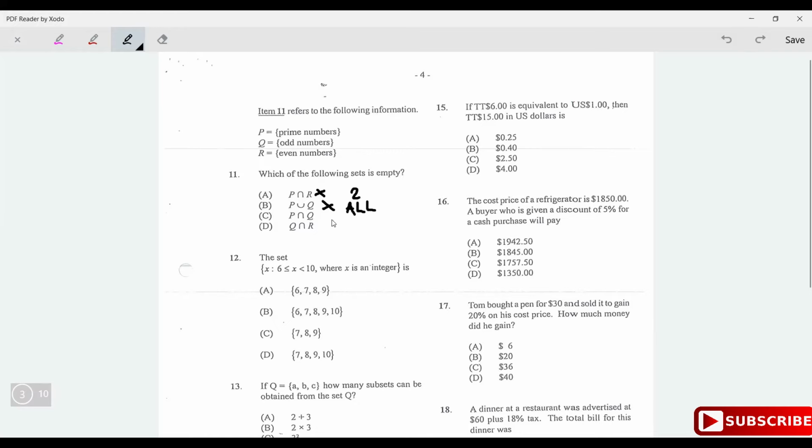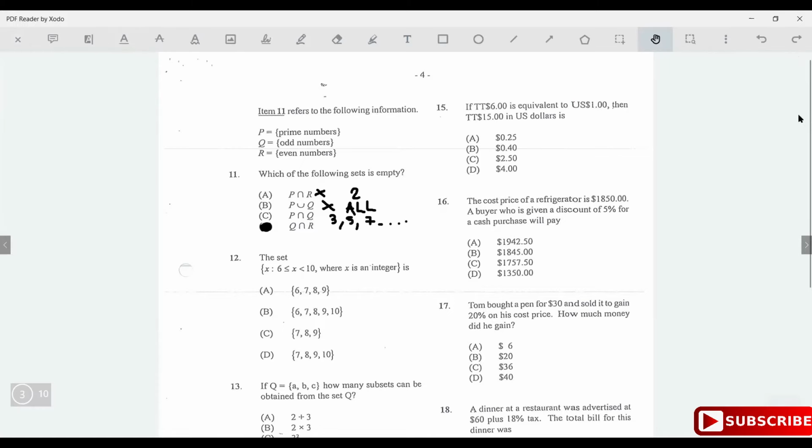I have numbers like 3, 5, 7, 13, etc. So this is not empty. So it has to be the last one. Don't even need to read it, but it is odd numbers intersect even. There's no even number that is odd.